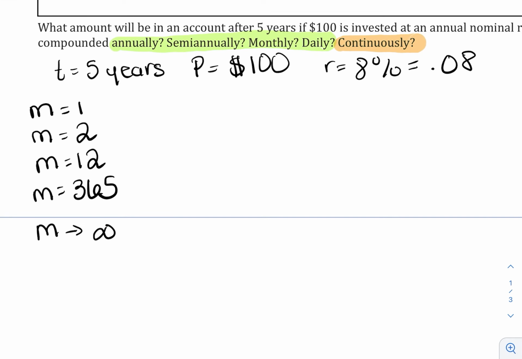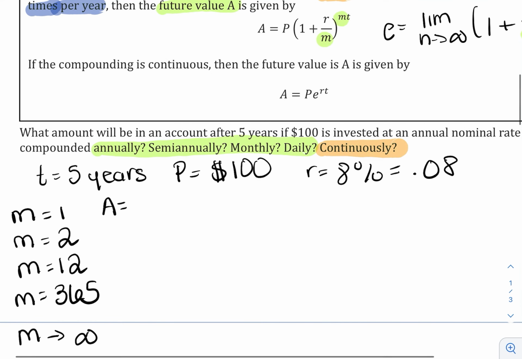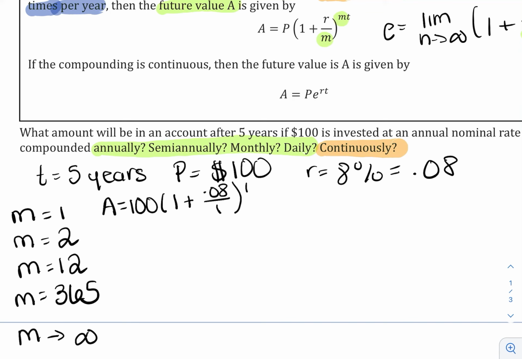So then we start to put everything in there. A is equal to 100 times 1 plus 0.08 over 1, raised to 1 times 5. Then for the next one, A is equal to 100 times 1 plus 0.08 over 2, raised to 2 times 5.